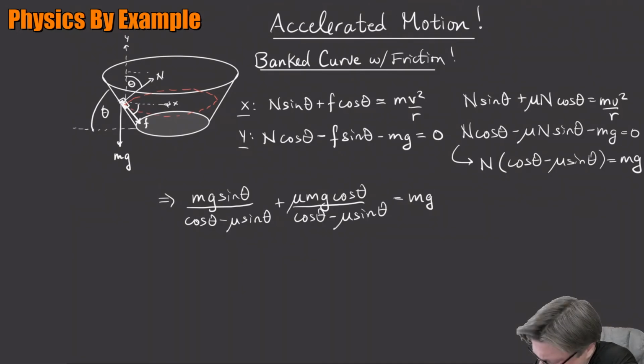Now, a cool thing is that m is everywhere, so it doesn't matter what the mass of the car is. So you don't have to worry about big cars acting differently than little cars, so the mass goes away.